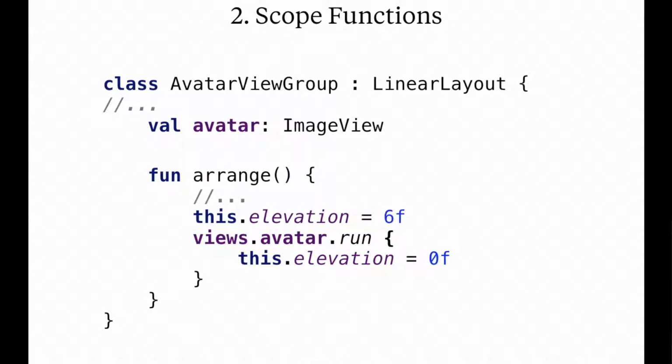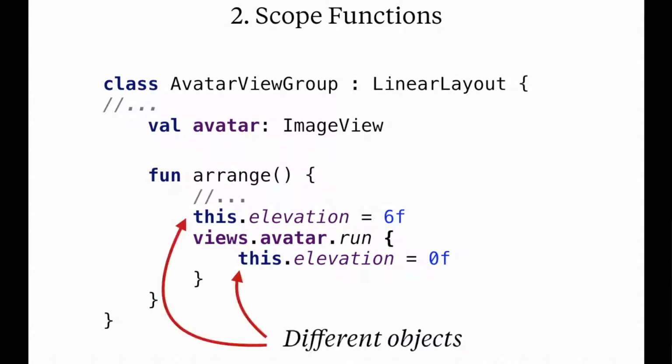So here, run doesn't make quite as much sense. I also just want to point out you can omit the this, so that would just be elevation gets 6 float, and then elevation gets 0. I just put it here to be explicit, but the confusion persists, right? So these are different objects, and that's something to watch out for.